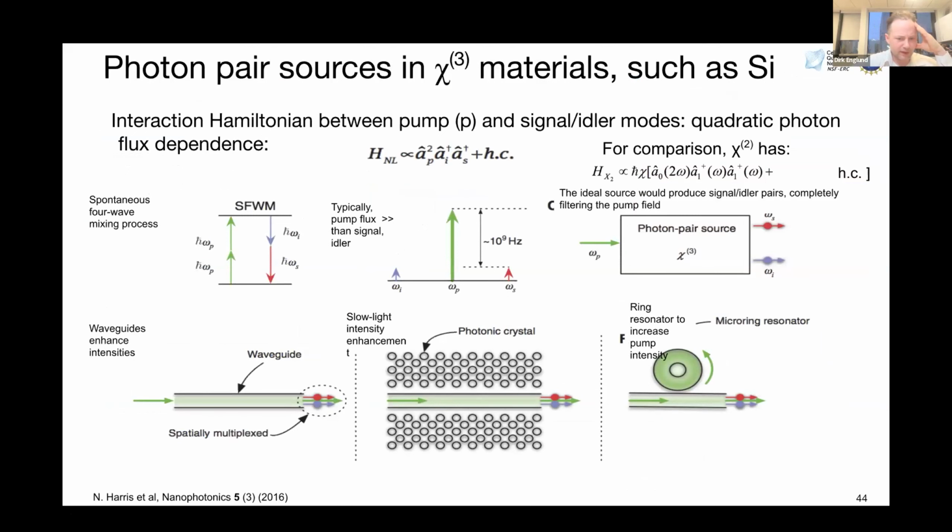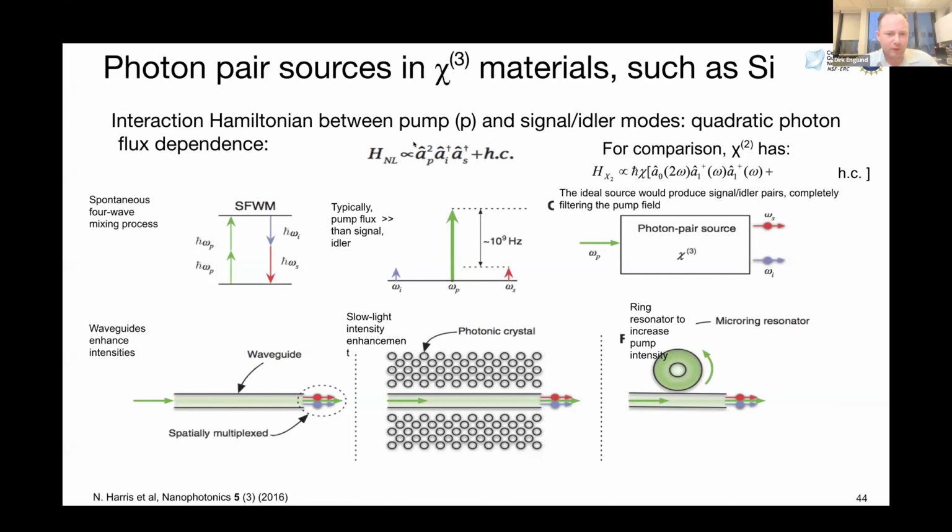Okay, so another part of that toolkit is to make use of the nonlinear properties of optical materials, and in particular in silicon you have four-wave mixing. Silicon, because of its symmetry, doesn't have a second order nonlinearity, but has a third order nonlinearity, which gives you a Kerr effect, and that couples a total of 4 fields.